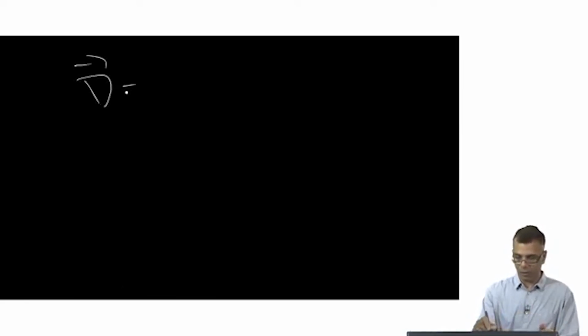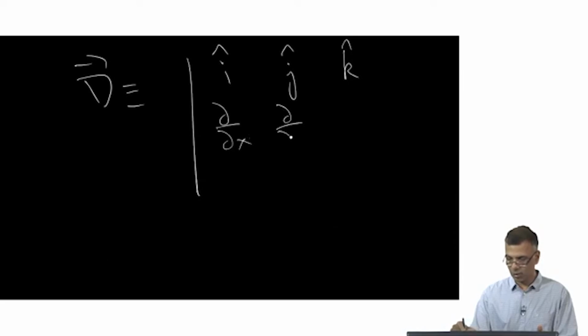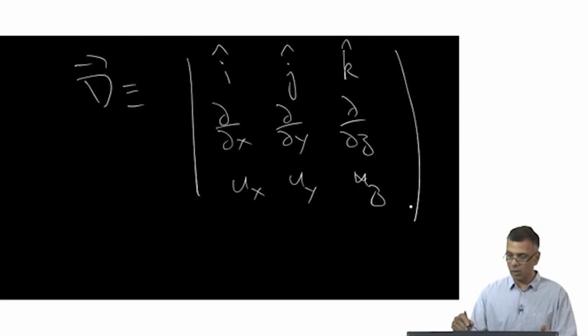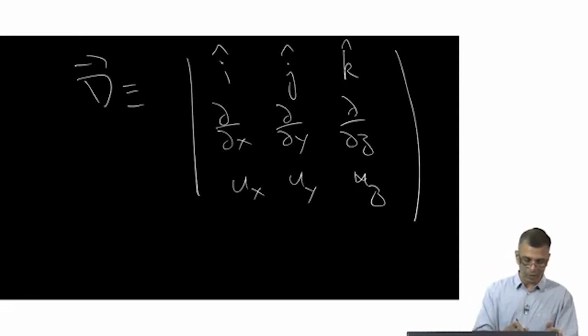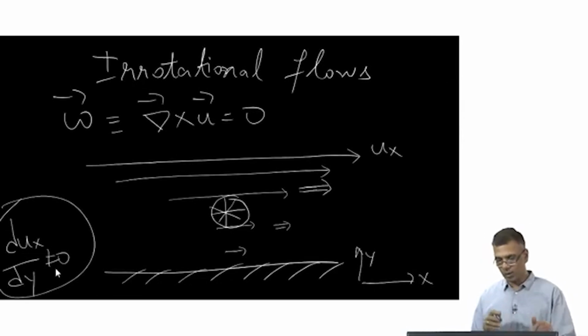You remember how a curl is written, with the components ux, uy, uz. Only when you have these cross terms, d over dx of uy or d over dy of ux, do you have a curl that's non-zero.